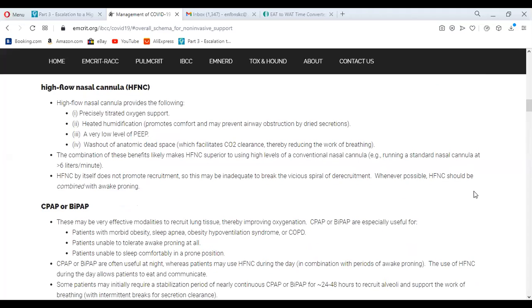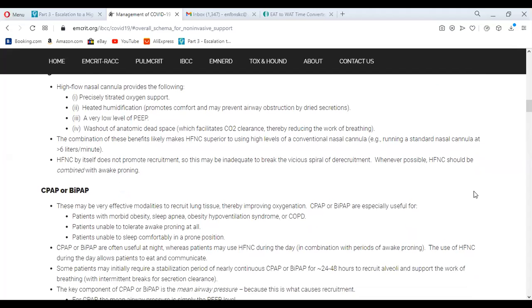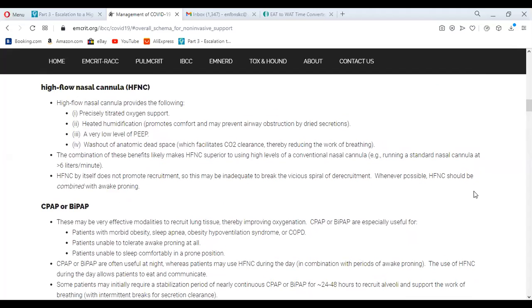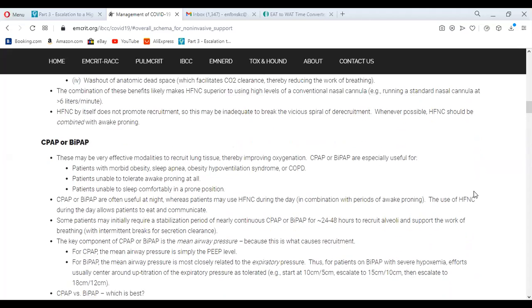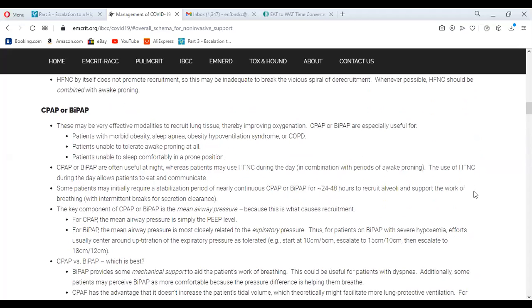Okay, so the next one is, if you have tried this and still it's not working, the next one is CPAP or BiPAP. As we all know, this is a positive pressure mode of ventilation. It can be given both invasively and non-invasively, but here we are talking about the non-invasive one first, okay?